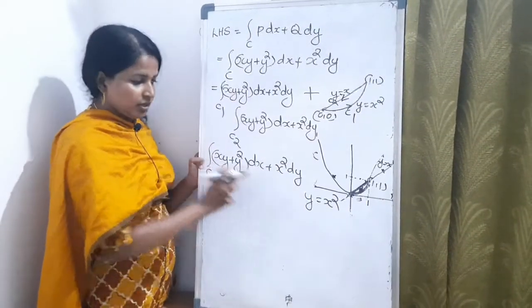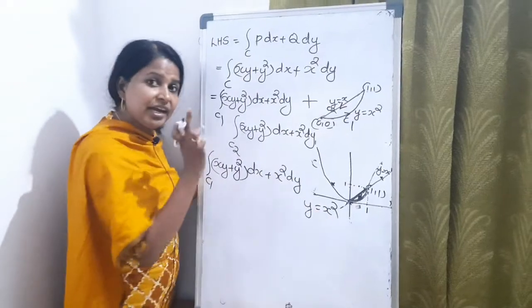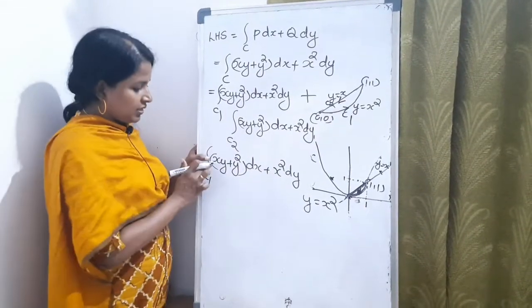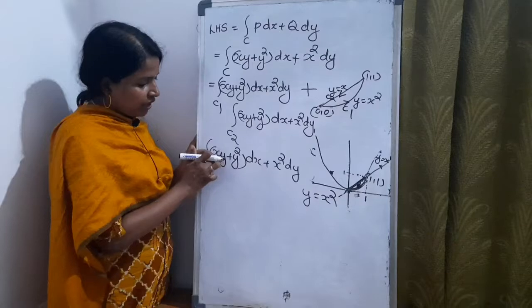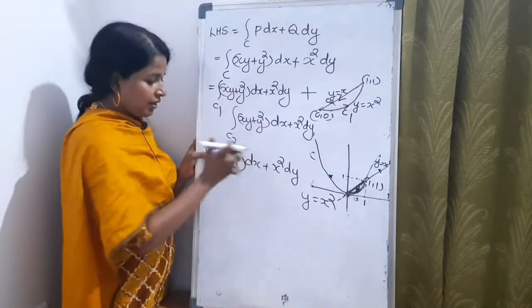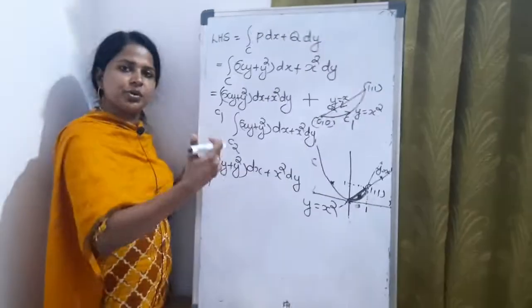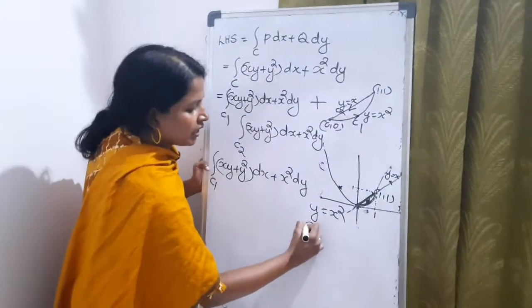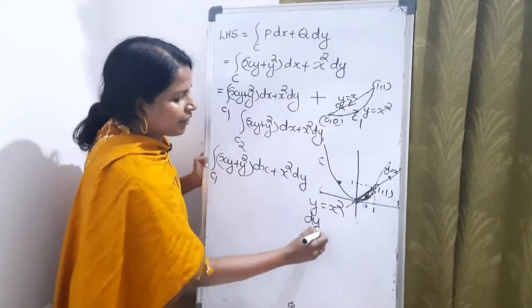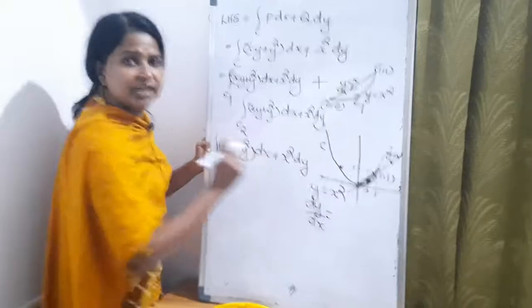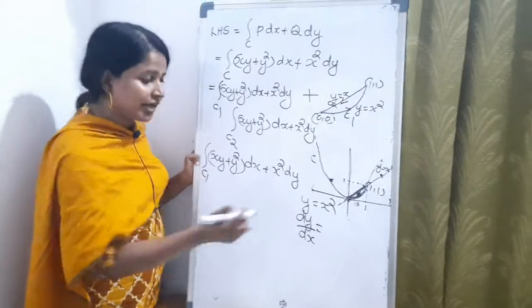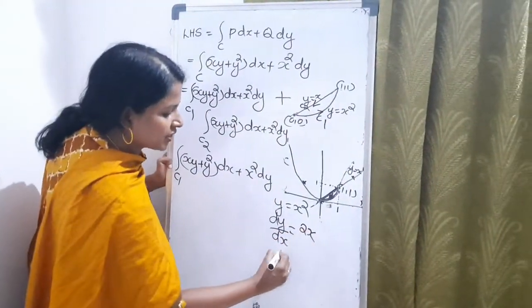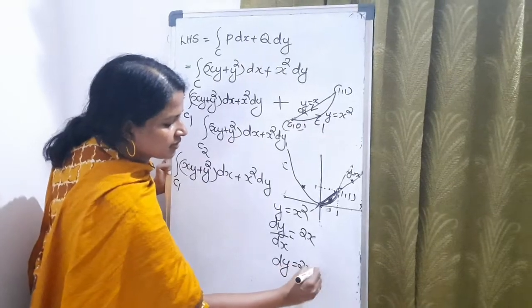So here we put y equal to x², y in terms of x. This x is x, and y is x², so y² is (x²)². Then we find dy by dx. Differentiating y with respect to x gives 2x, that is, dy is equal to 2x dx.